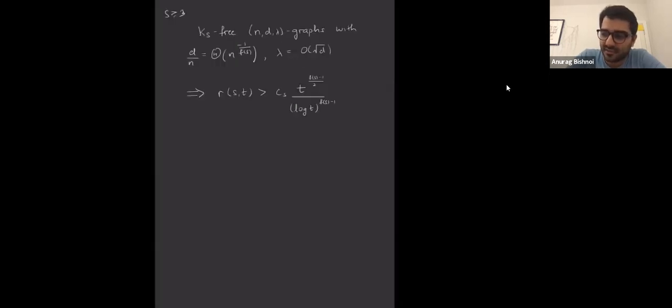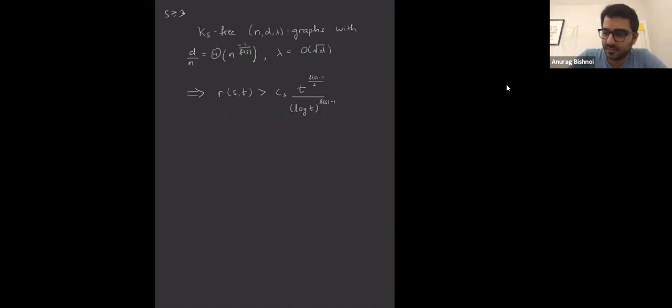So it's say n to the minus 1 over some f of s. And lambda is square root of d, so it's optimally pseudo-random. If you can construct or show the existence of any such graph for any given s, then you get this lower bound on r of s comma t.